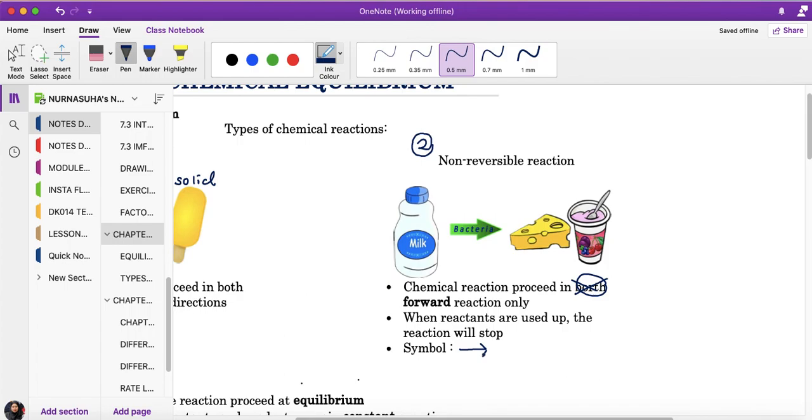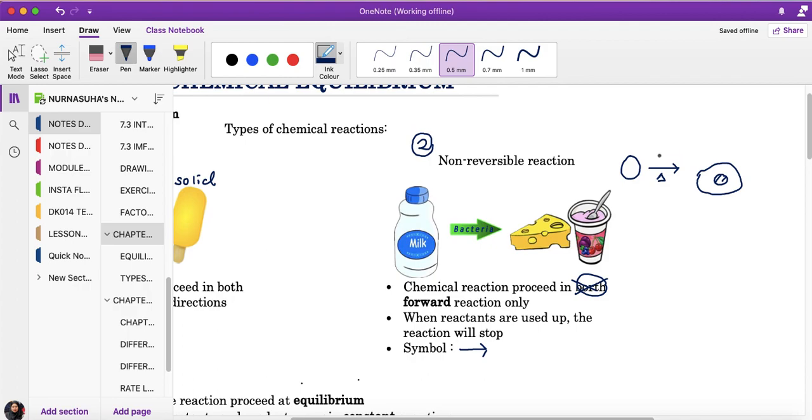Okay, another example of non-reversible is telur. Then you goreng, you goreng dalam suhu 100. So what happen? You will have telur mata. Betul tak? Now let me ask you, boleh tak telur mata nak jadi telur yang asalnya balik?